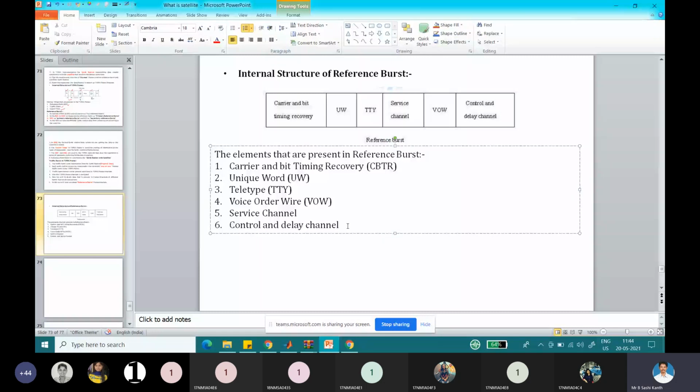But I'm showing you the internal structure of the reference burst. Don't forget that. We are seeing the internal structure of the reference burst, that is of the TDMA frame. Don't forget, this one is from the TDMA frame. So like that we are studying this point.